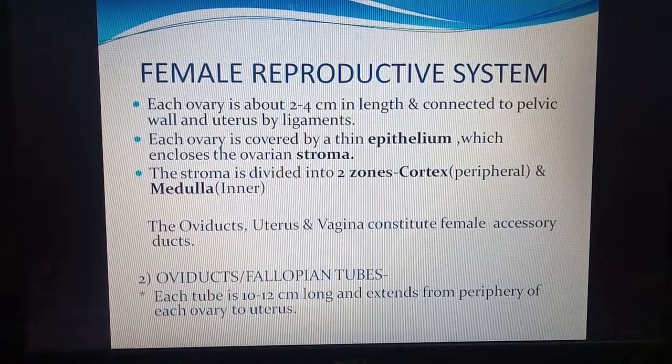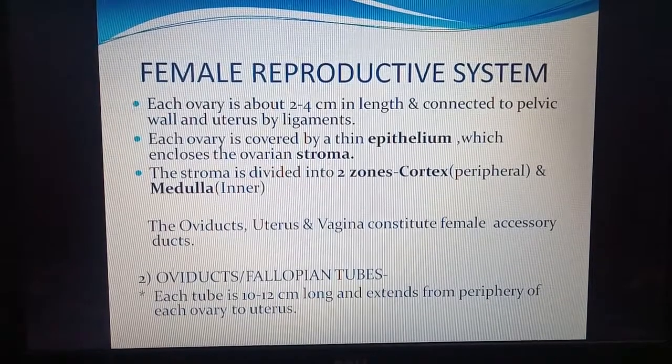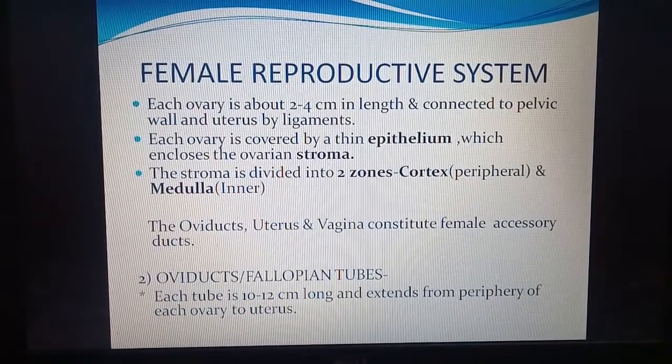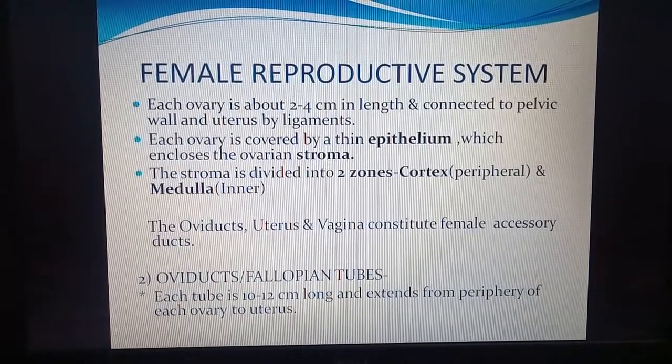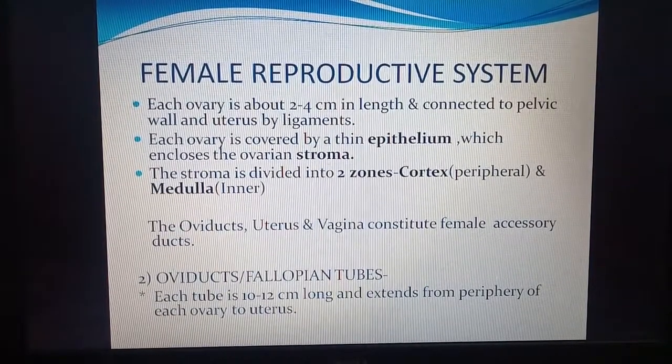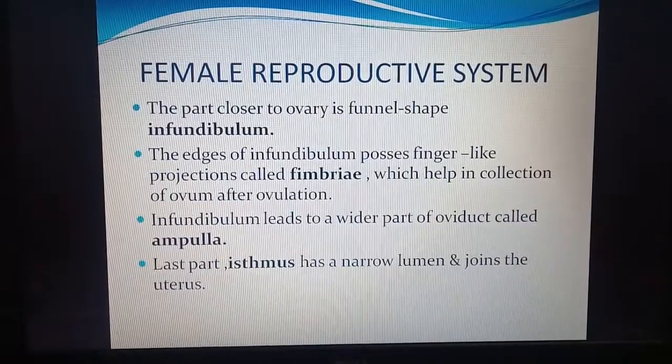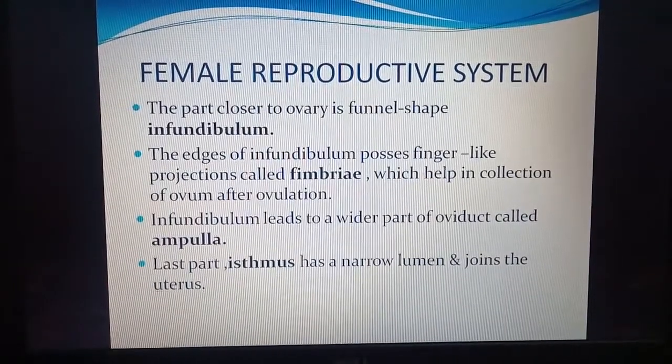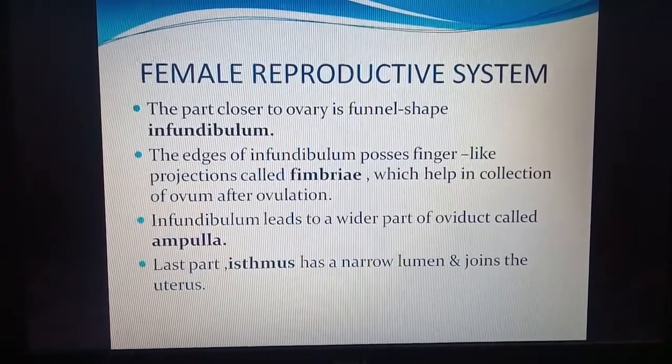The next part is the oviducts or fallopian tubes. Each tube is 10 to 12 centimeter long and it extends from the periphery of each ovary to the uterus. It is a long tube. Now the oviduct has different parts.